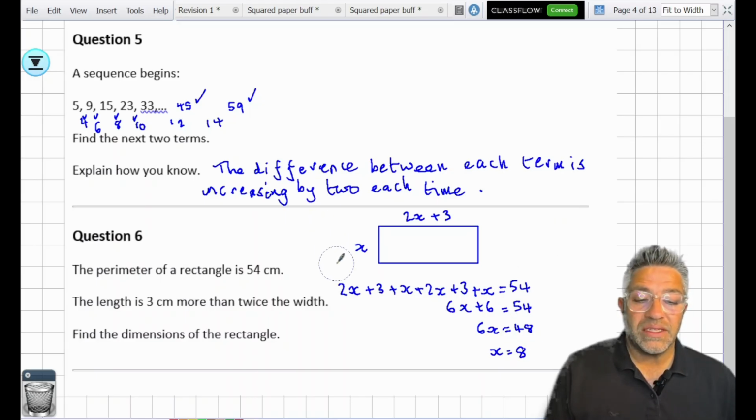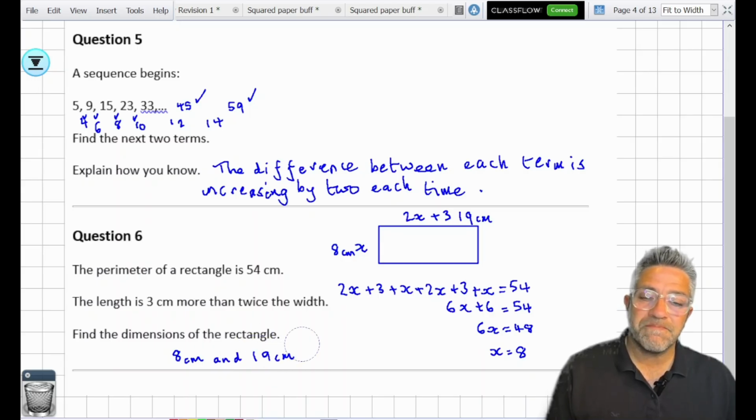But don't forget to substitute back in. X is 8, 2x add 3, 2 times 8 is 16, 16 add 3 is 19 centimetres. And we should also fill in our units. To make my answer super clear, I'm just going to write it in the answer space here provided.